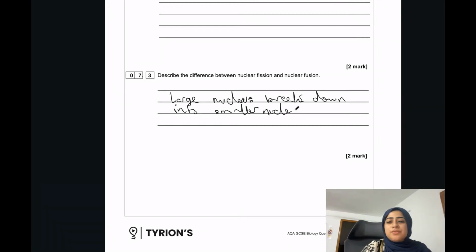And fusion is where smaller nuclei join to make a large nucleus. So fusion is where smaller nuclei combine or fuse together, join to form larger.